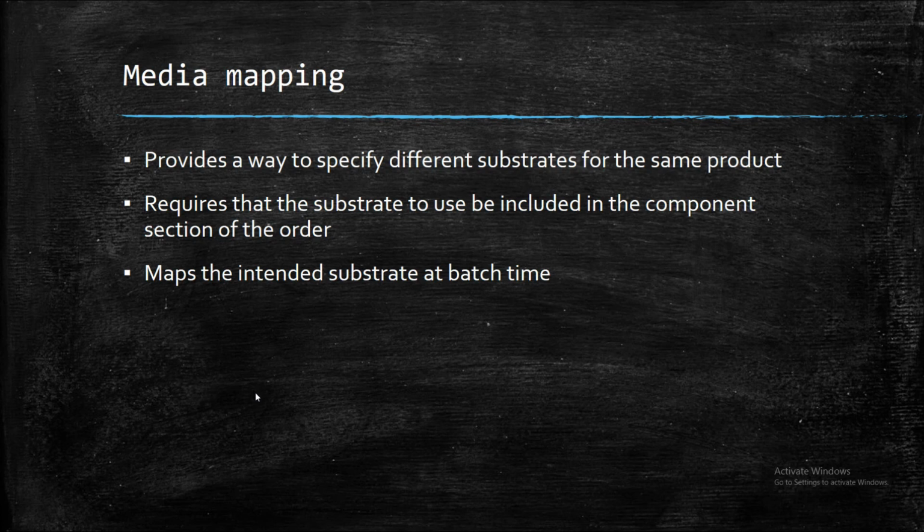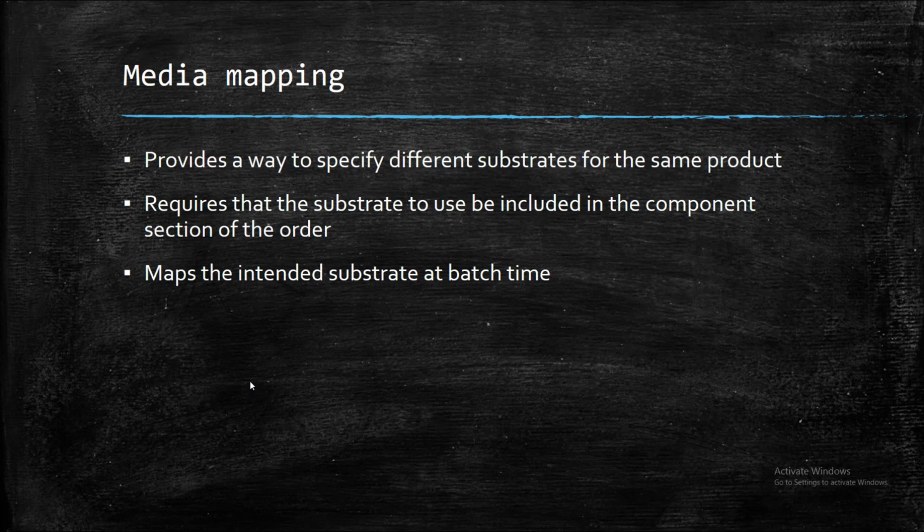So now, as the orders come into the Infinity software, you have the ability to pass in the intended substrate or the intent within the component section of that order. Now when the order gets processed through pre-batch and then comes into batch, we're going to look at that intended media that came in, and we're going to map that to a given substrate that's defined within that one batch definition.